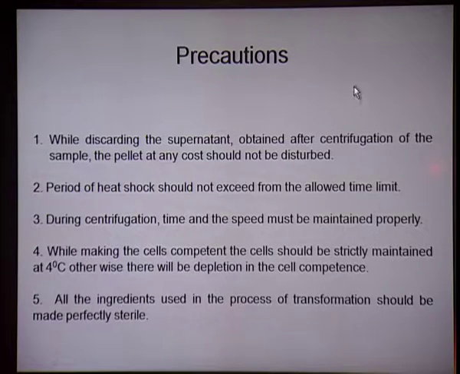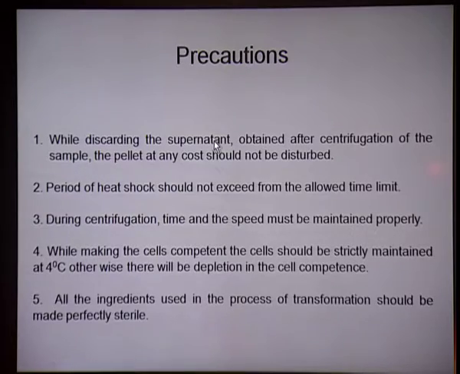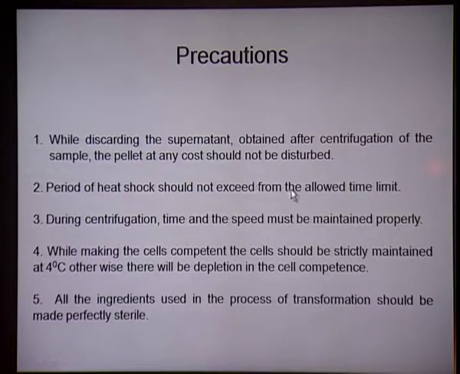We need to focus on the precautions that should be taken while performing transformation experiment. Number one is, while discarding the supernatant after centrifugation, the pellet at any cost should not be disturbed. Number two, the heat shock should not exceed the allowed time limit.